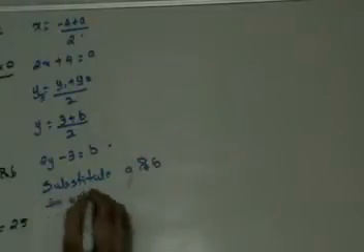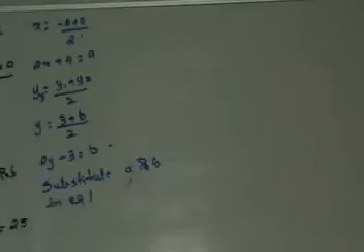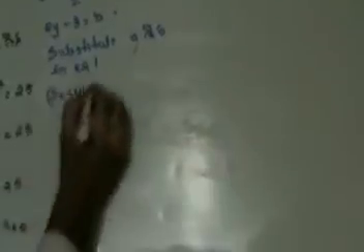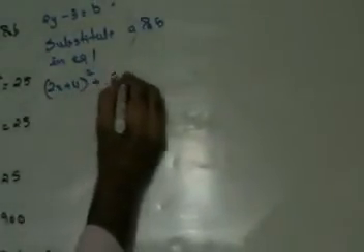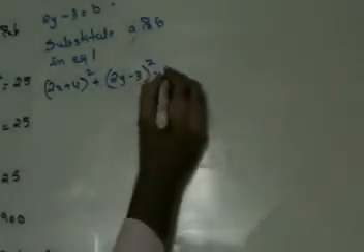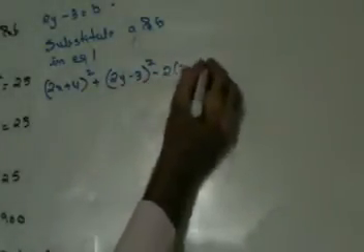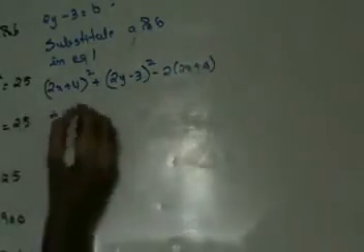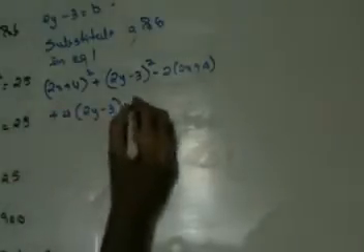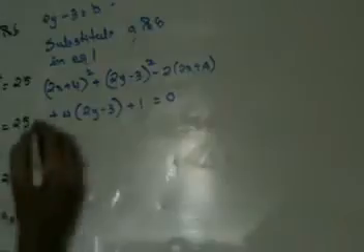If I substitute a and b in equation 1, I will get 2x plus 4 the whole square, instead of a I am writing 2x plus 4, plus instead of b, I am writing 2y minus 3 the whole square, minus 2 into 2x plus 4 plus 4 into 2y minus 3 plus 1 is 0. That will be your equation. Let's solve the equation.